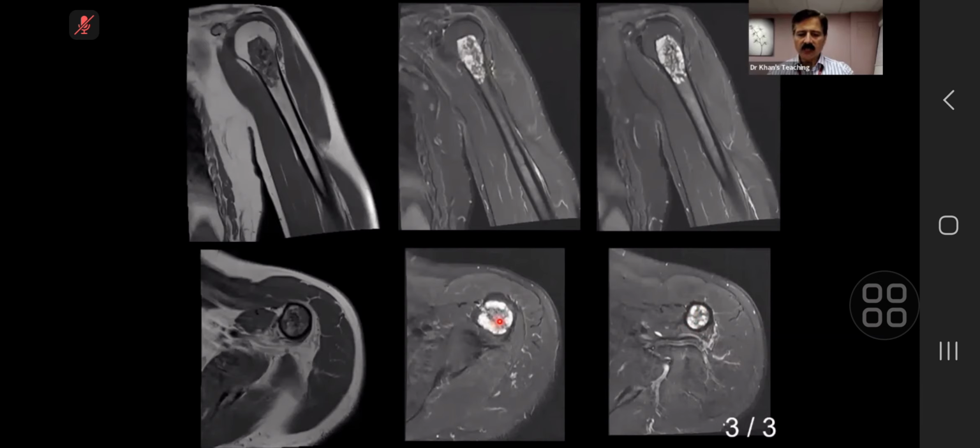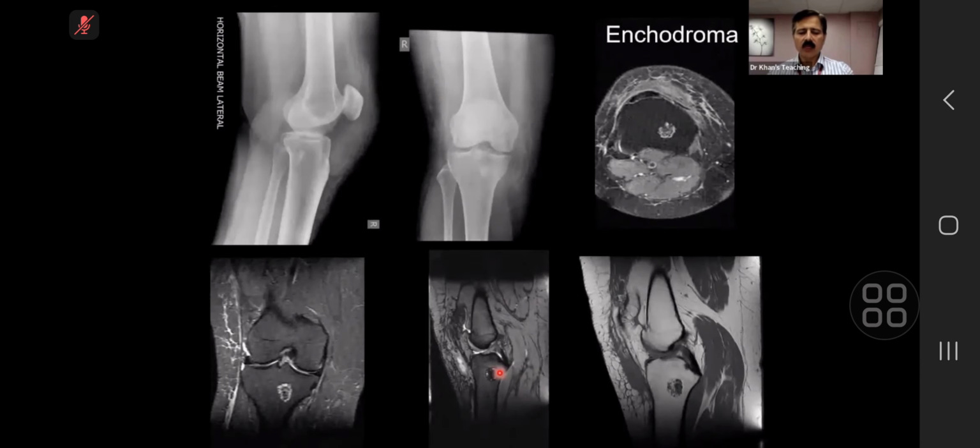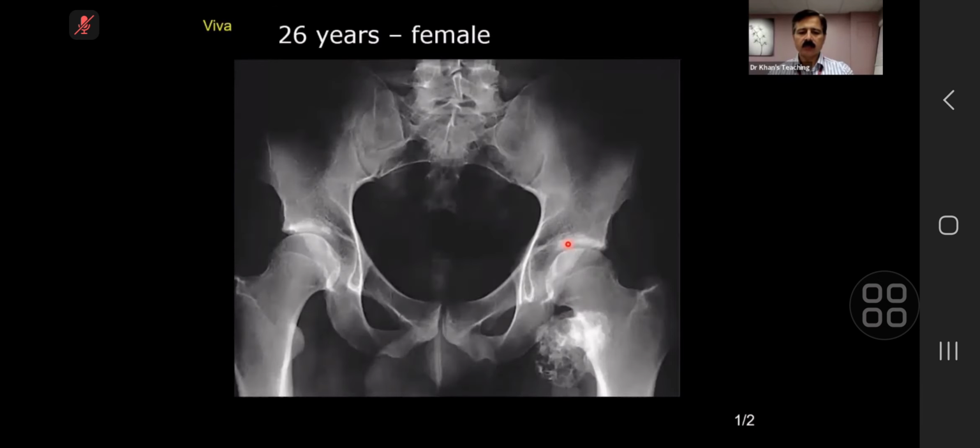Within that, where there is low signal, that is calcification. So this is normal chondroid matrix. And incidentally, you will pick it up very often in your day-to-day reporting, where in an MR you can see it here, you can see it here, and calcification you can see here.